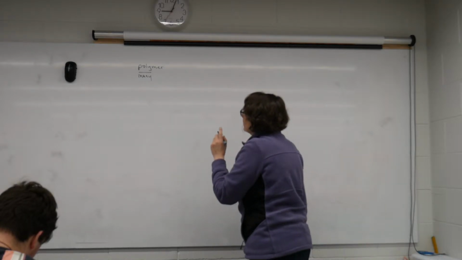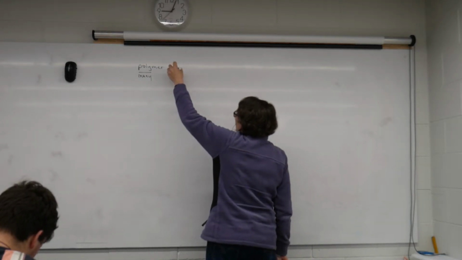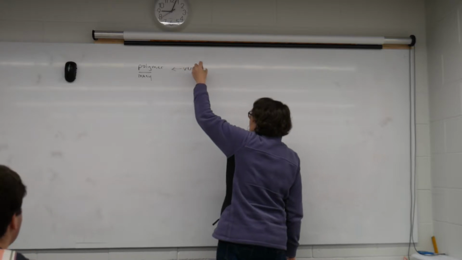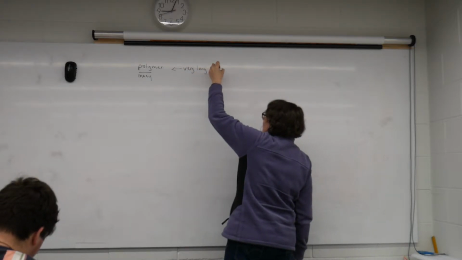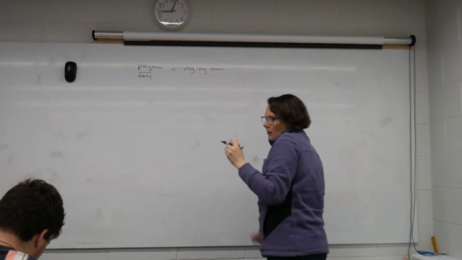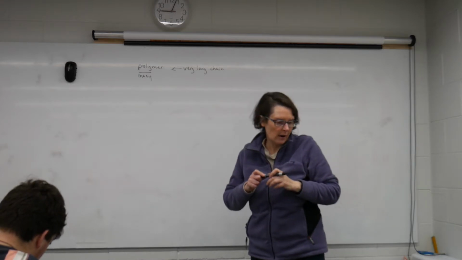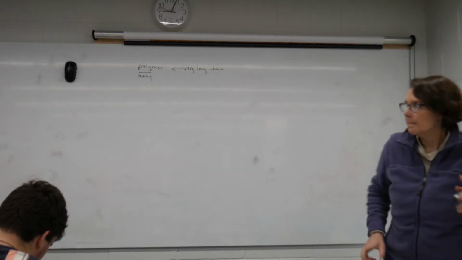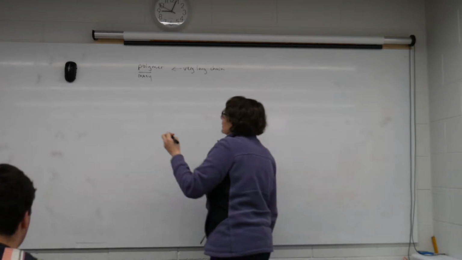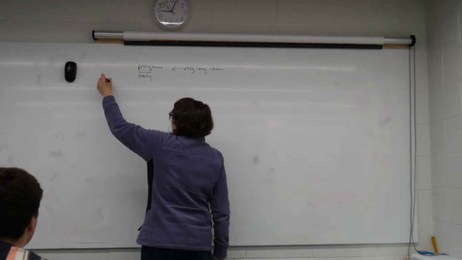But what we are able to do is make a very long chain. So we're talking carbon chain, obviously, for our organic chemistry. And the two methods that we consider, first one is addition.